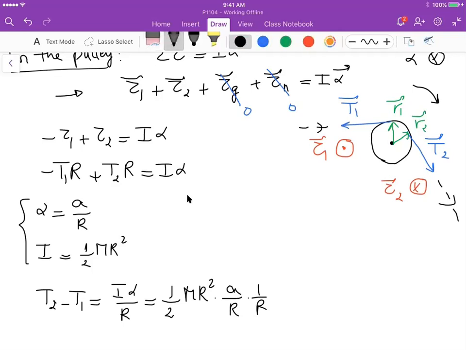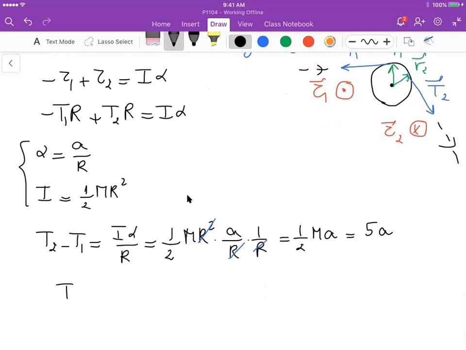And so R squared on top and R squared on the bottom both cancel, and we are left with M A divided by 2, so it's 1 over 2 M times A. And the mass of the pulley is equal to 10, so we end up with 10 over 2, which is 5A.